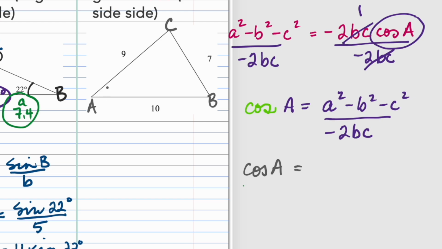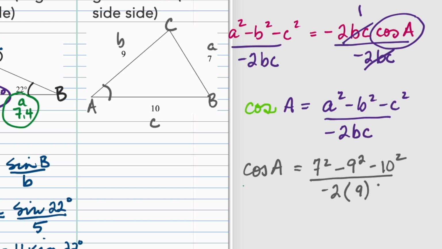We're going to look for cosine a, so we will put our a squared minus b squared, there's a, little b, little c, 7 squared minus 9 squared minus 10 squared all over negative 2 times 9 times 10.